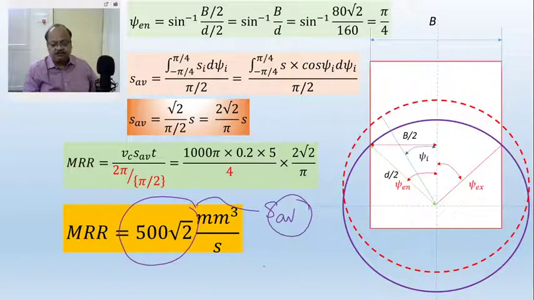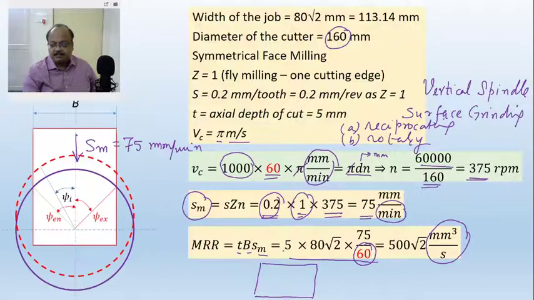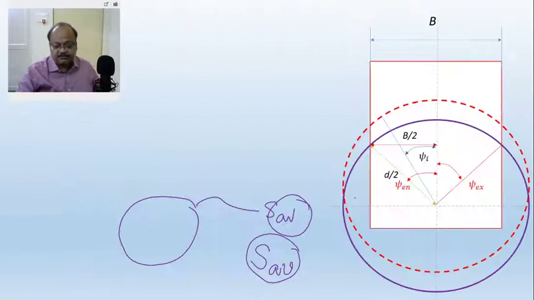So from this video, what is your takeaway? You take away the concept of average feed. Another takeaway is vertical spindle surface grinding, where a similar approach can be used for calculation of material removal rate.